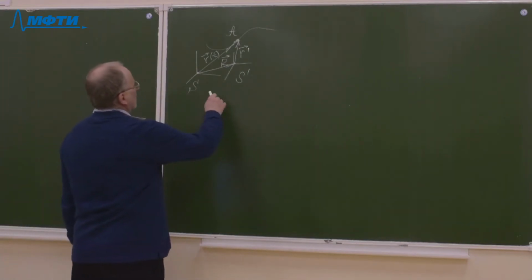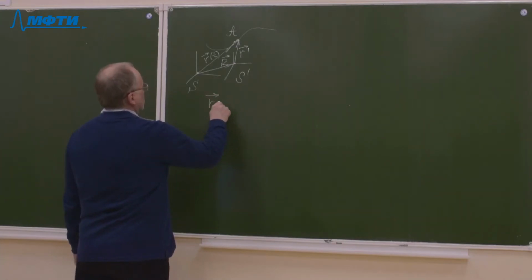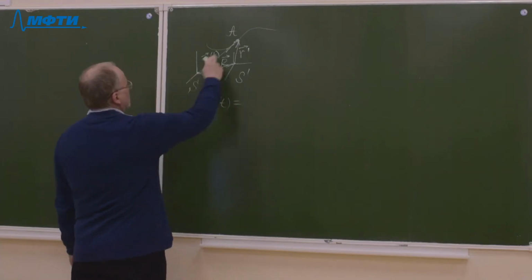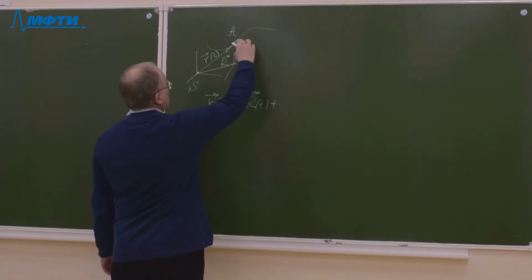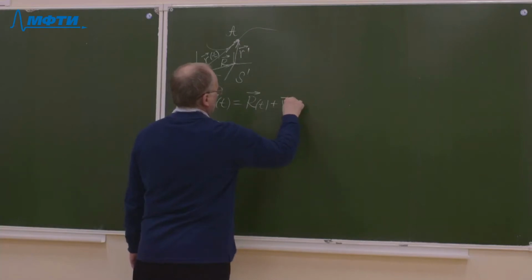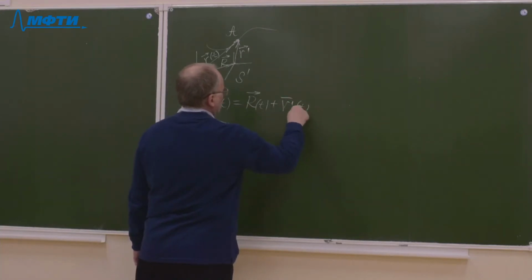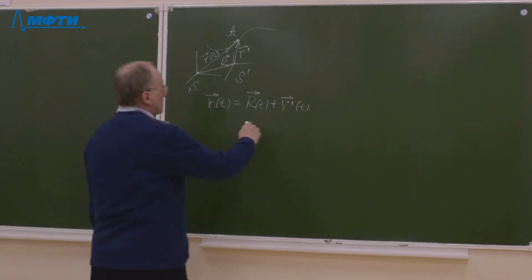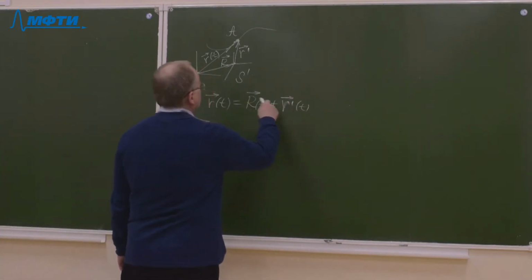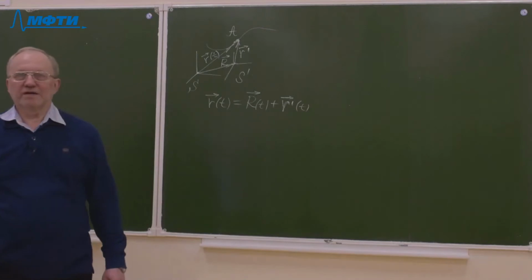So we obviously obtain such a relationship between these three vectors. Radius vector R equals radius vector capital R as a function of time plus radius vector R prime also as a function of time. This is obvious relationship between the vectors that form a triangle.